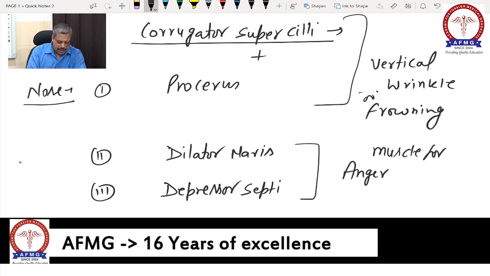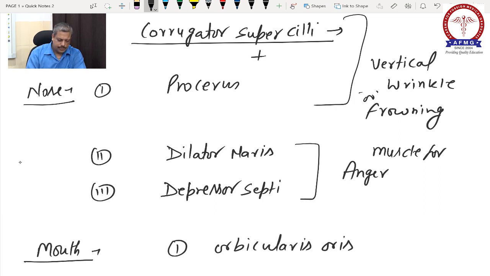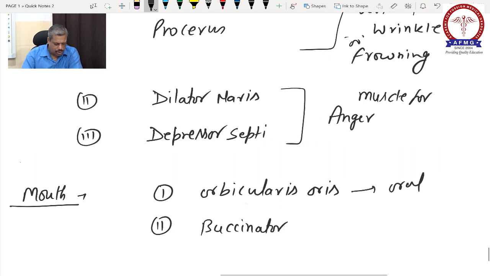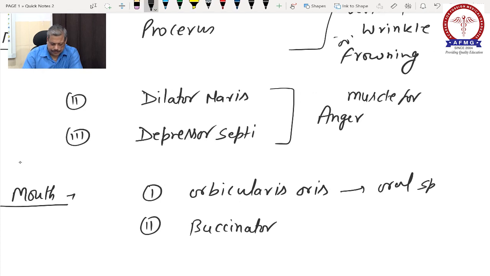Now the muscles around the mouth. The first muscle is orbicularis oris. Clear? The second muscle is buccinator. This orbicularis oris muscle is known as the oral sphincter.